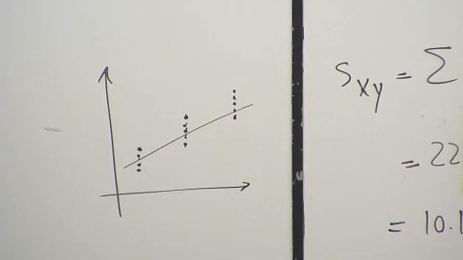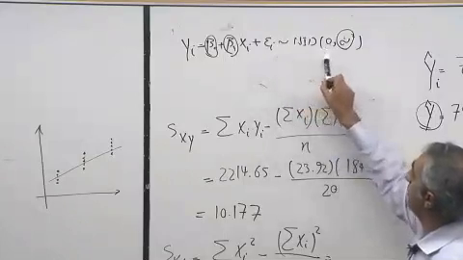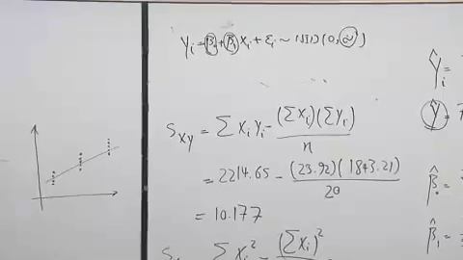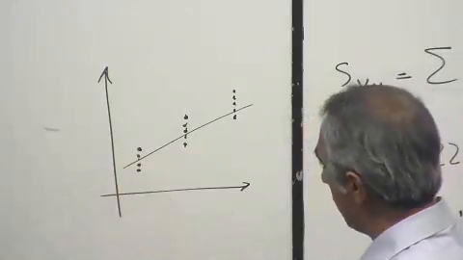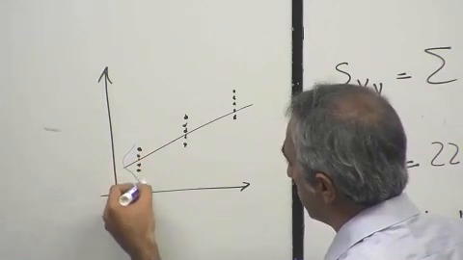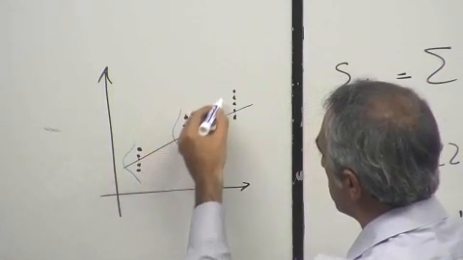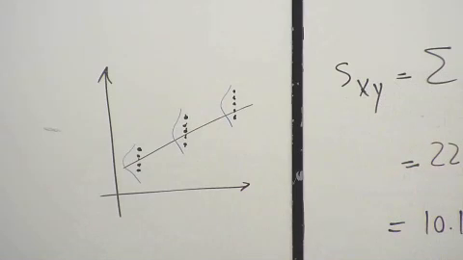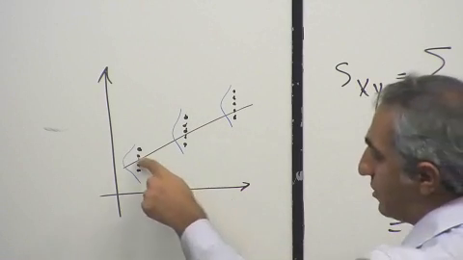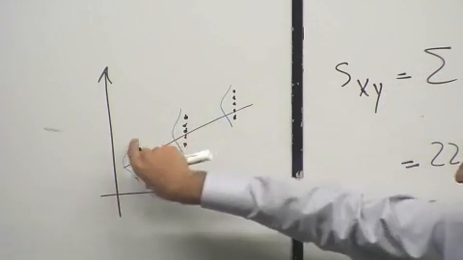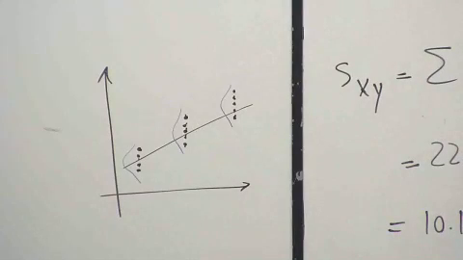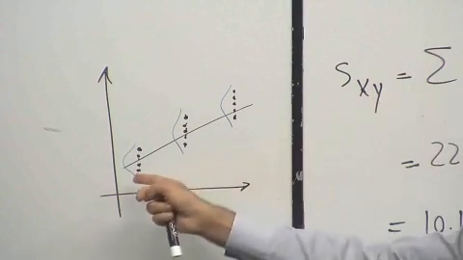So I can say this epsilon i follows a normal distribution with that variance. So that would be one normal distribution. This is also one normal distribution. This is also one normal distribution. Okay? And the variances are constant, which is what I said. But the average is not constant.